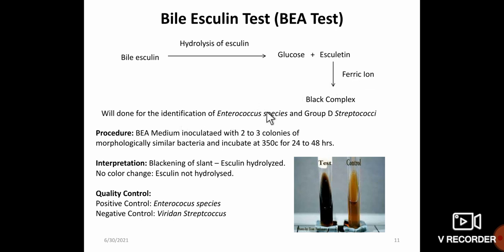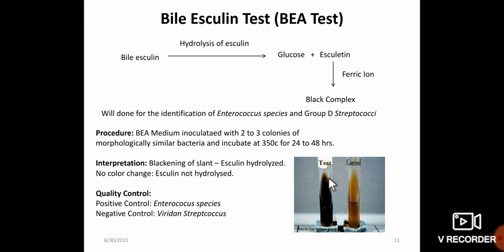We do it commonly for identification of Enterococcus species, and for group D streptococci also. How do we do it? A bile esculin agar slant is inoculated with the bacterial colony and incubated for 18 to 24 hours, and we look for the blackish color.